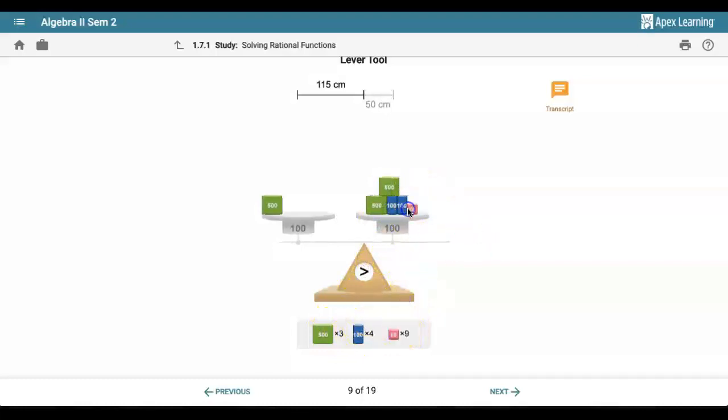Too much. Play around with it, but basically what you're going to find out is there's an inverse relationship between how much weight I need and the distance from the fulcrum. The closer I get, the more weight I need. The farther I go, the less weight I need. So that's an inverse relationship.